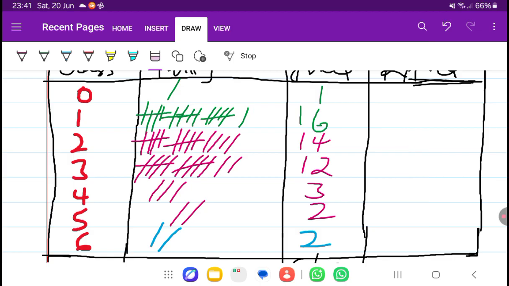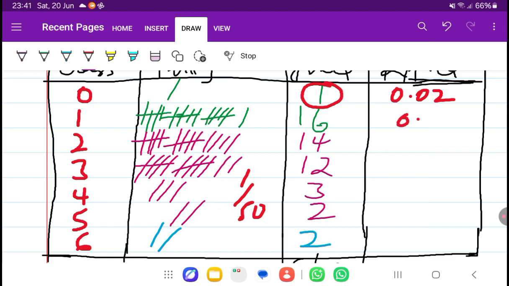And that was also given in the question. So we divide this to get the relative frequency. We divide 1 divided by 50. 1 by 50, you put the answer here. It will be 0.02. Then you get 16 over 50, because it is frequency of that class divided by the total frequency or the total observation.